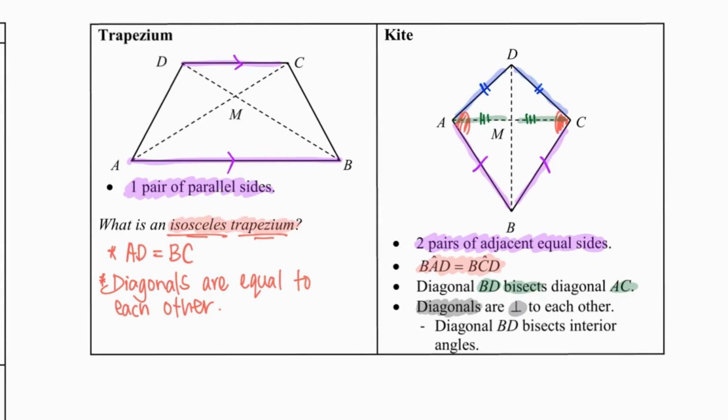Okay, 90 degrees, 90 degrees, 90 degrees, 90 degrees. And diagonal BD bisects the interior angle, only for diagonal BD. So this also means that only diagonal BD bisects the interior angles. That means this angle and this angle same. This angle and this angle same.